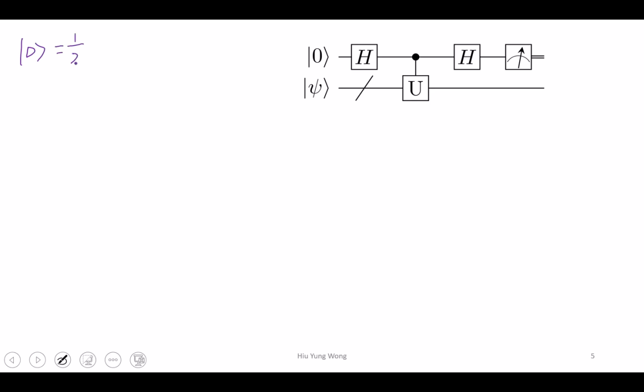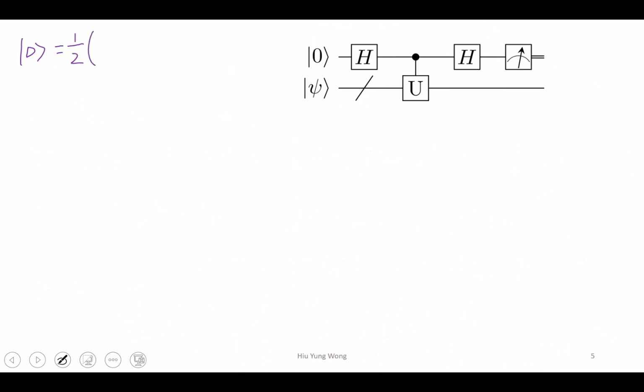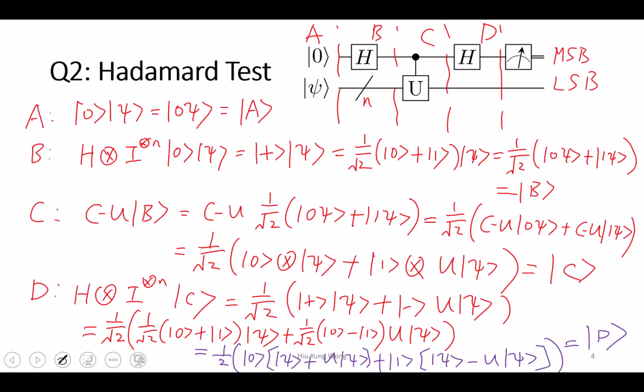equals 1 over 2, right? And then I have 0 here, and then I'm going to factorize out the operator, with psi going to the right, doing the right product, left product, right? So this is (I plus U) times psi.